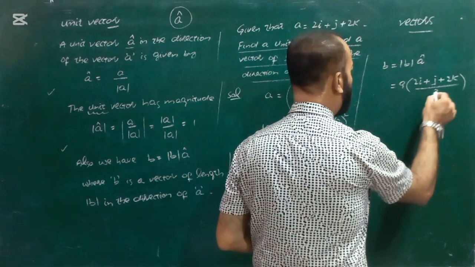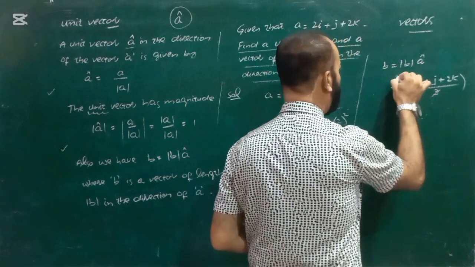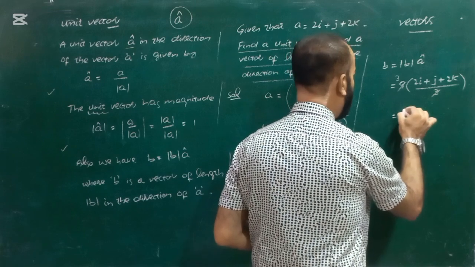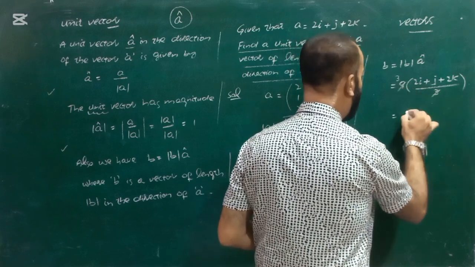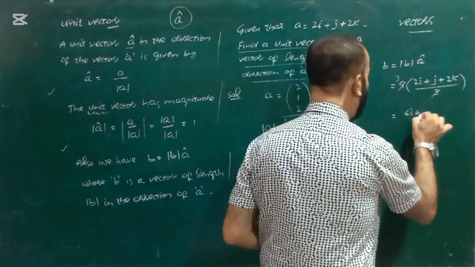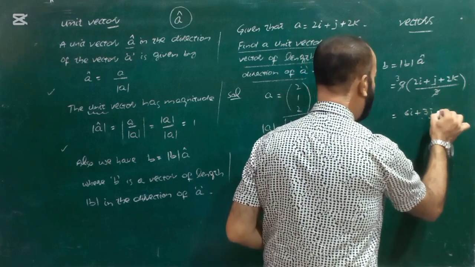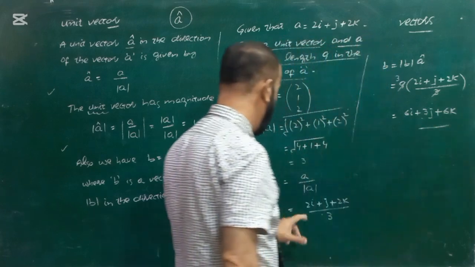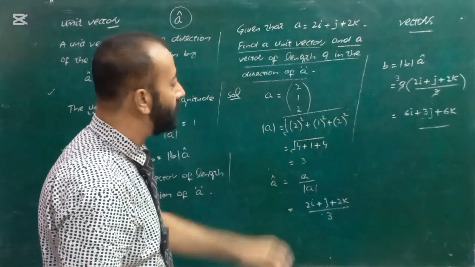So this 3 will be cancelled with this 9. So 3 3s are 9. So the remainder will be this 3 multiplied inside. So 6i plus 3j plus 6k. So this is the answer.